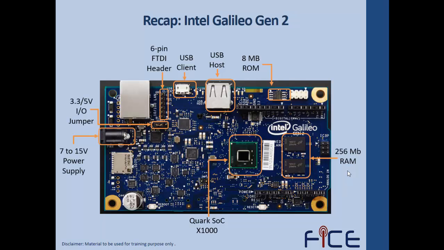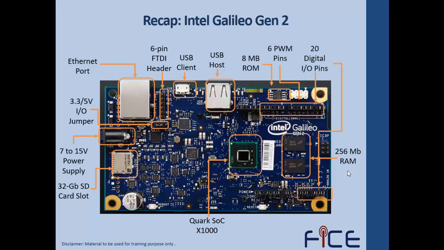Next, we have a 6-pin FTDI header on this board which is used to access Linux. This board also has an Ethernet port which provides HTTP connections to Google by using Ethernet libraries. It also has a micro SD card slot, that means we can insert an SD card up to a limit of 32 GB.